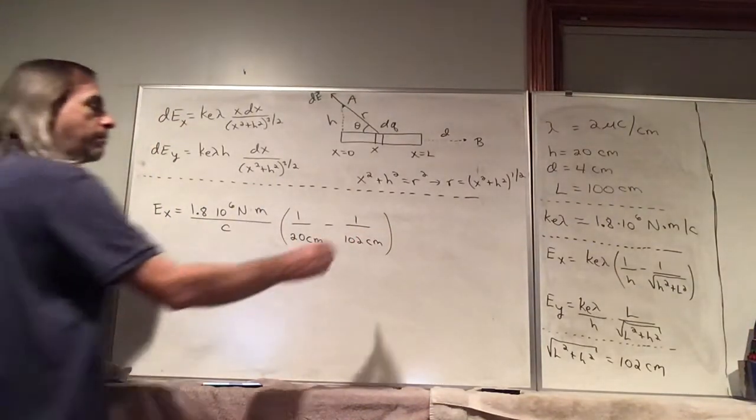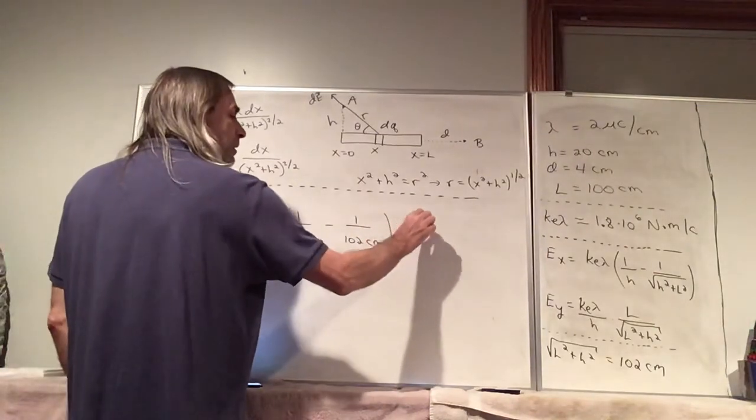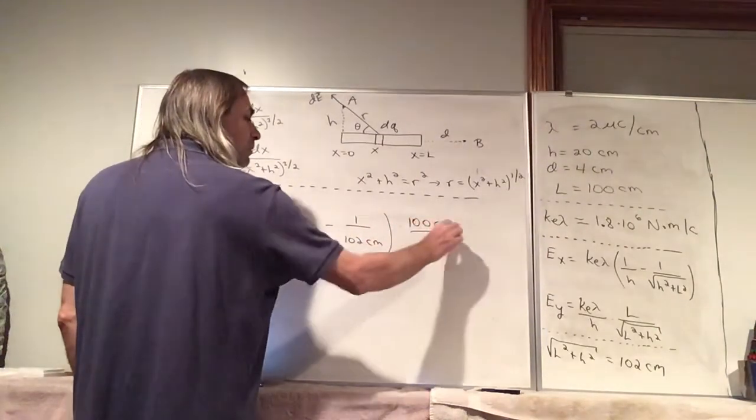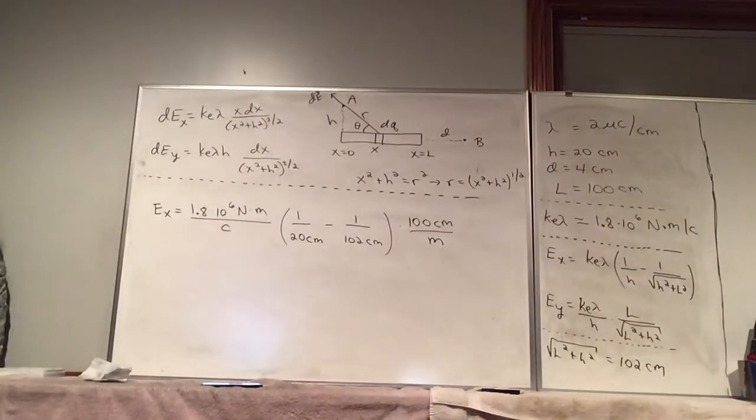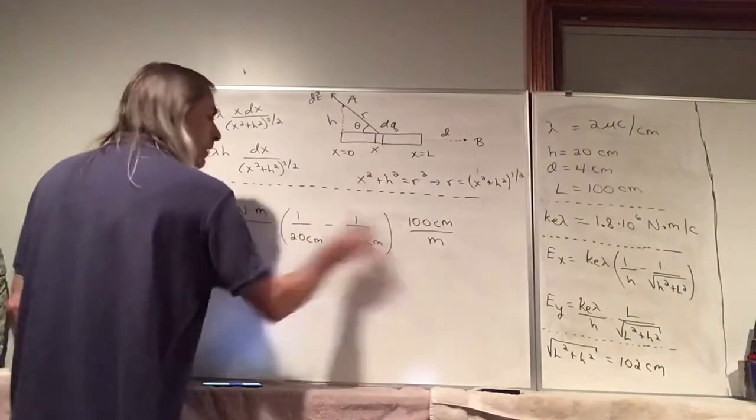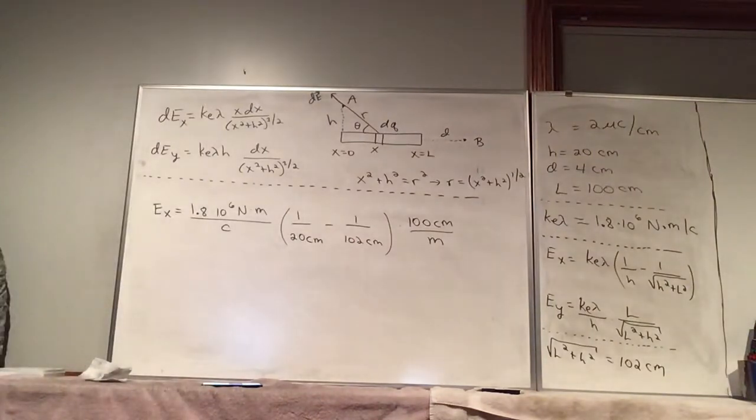And let's put a conversion factor, 100 centimeters per meter. So then we'll just get newtons per coulomb. The centimeters are going to cancel out, that meter will cancel out. We'll get our electric field in newtons per coulomb.